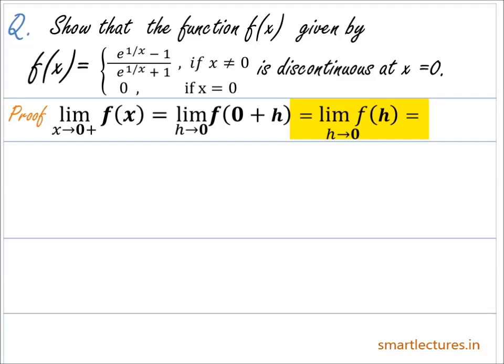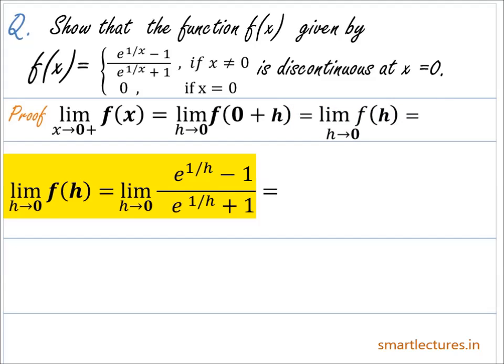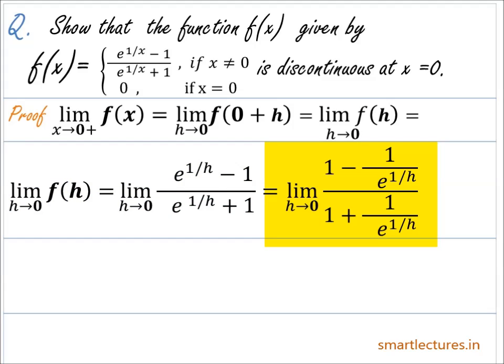Now putting the value of h in the function f of x, this limit becomes limit h approaches 0 e raised to the power 1 upon h minus 1 upon e raised to the power 1 upon h plus 1. And now dividing both numerator and denominator by e raised to the power 1 upon h, this limit becomes limit h approaches 0 1 minus 1 upon e raised to the power 1 upon h upon 1 plus 1 upon e raised to the power 1 upon h.